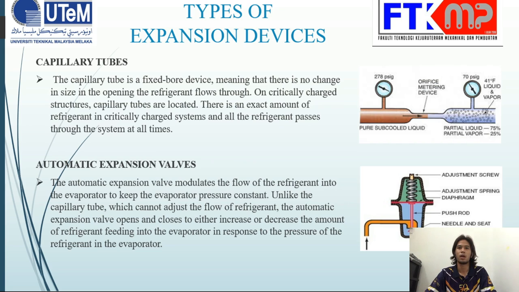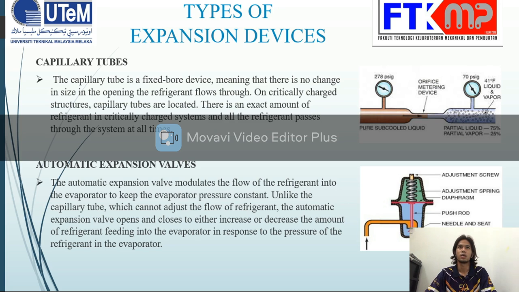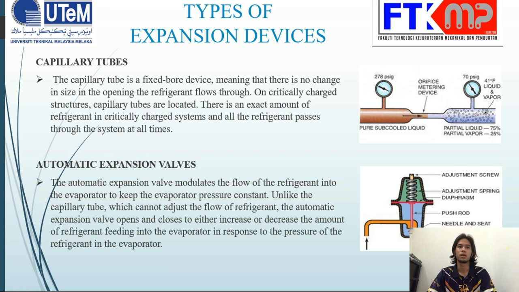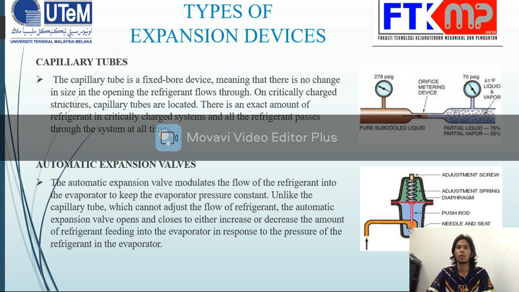Okay, we have three types of metering devices, especially for daily use. One, the capillary tube. The capillary tube is a fixed metering device, meaning there is no change in the size of the opening the refrigerant flows through. Capillary tubes are located in critically charged systems.